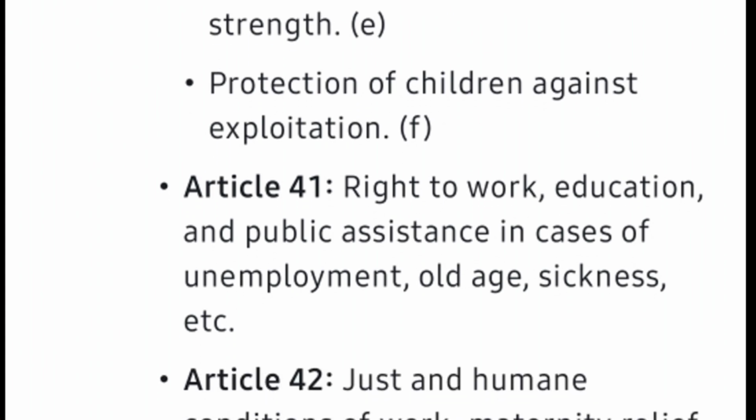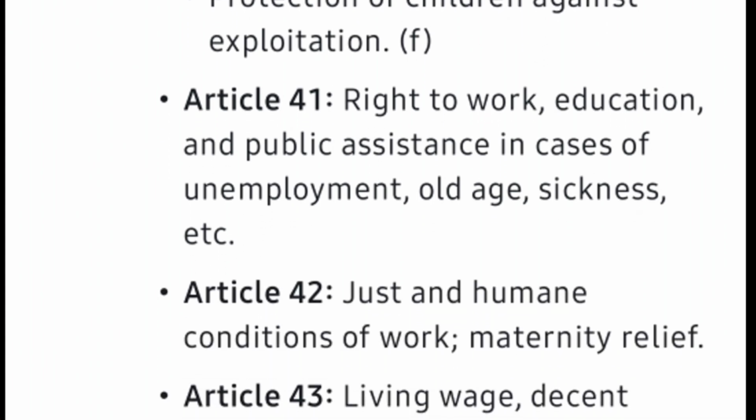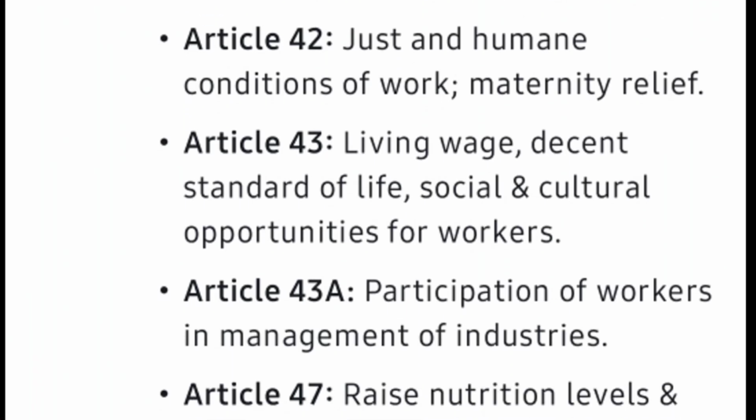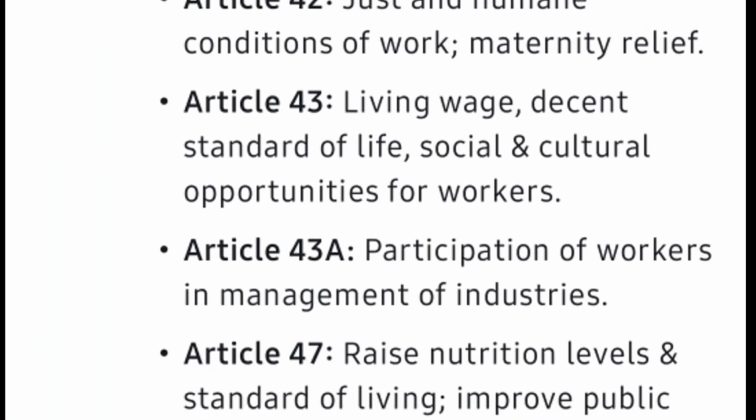Then under the socialistic principles comes Article 41, right to work, education, and public assistance in cases of unemployment, old age, sickness, etc. Article 42, just and humane conditions of work, maternity relief. Article 43, living wage, decent standard of life, social and cultural opportunities for workers. Article 43A, participation of workers in management of industries.